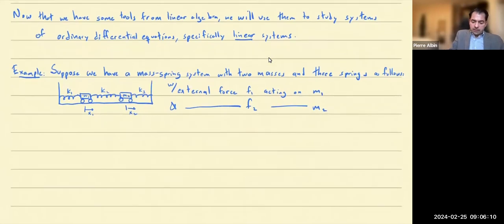Right? The coordinates x1 and x2 would then satisfy the equations.